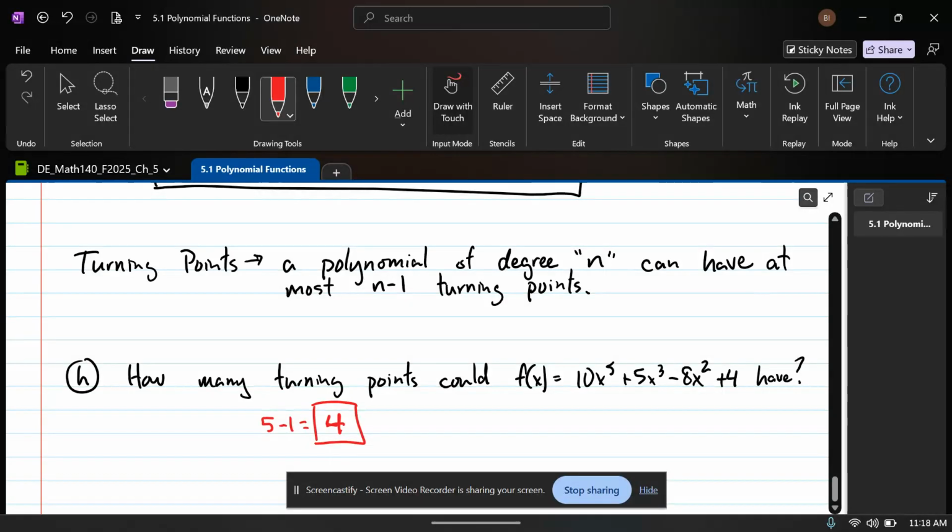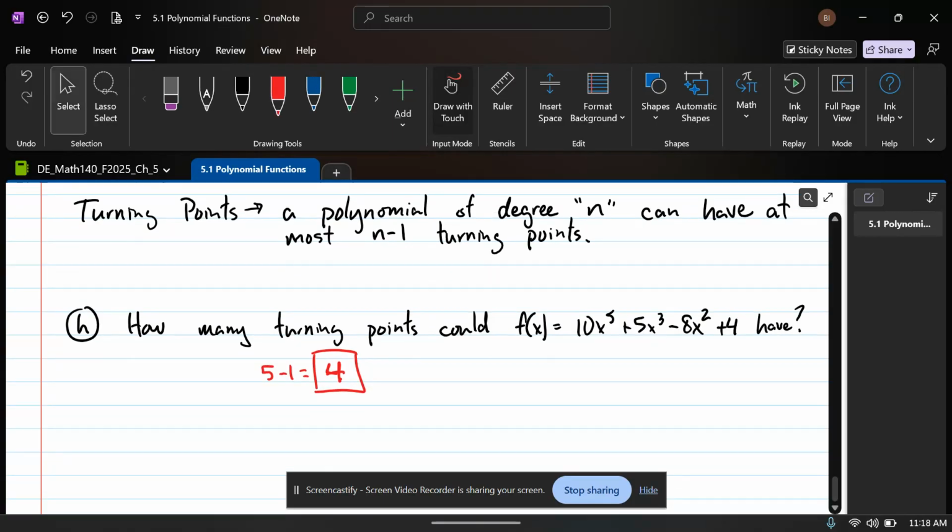Degree was 5. Degree minus 1 is 4. That's how many turning points it could have. That doesn't mean it will have, but it could have.